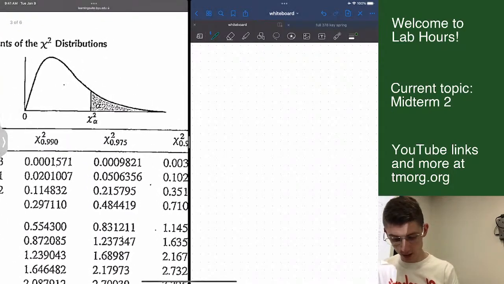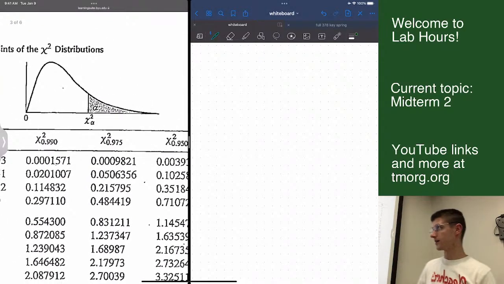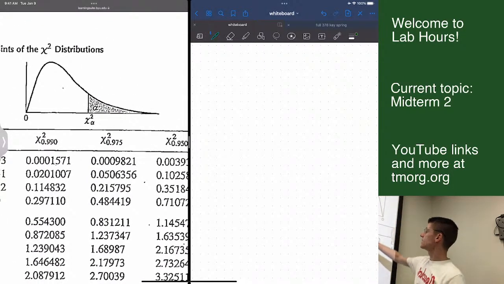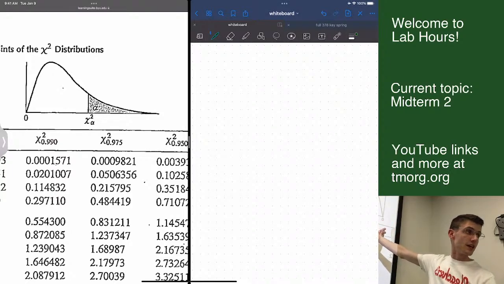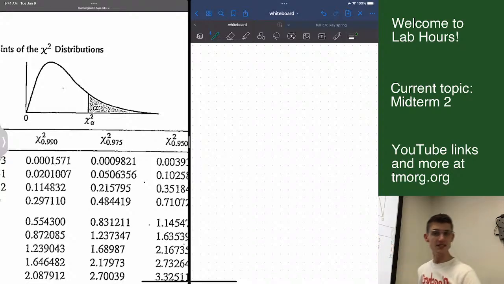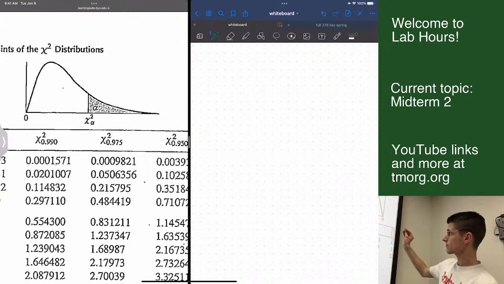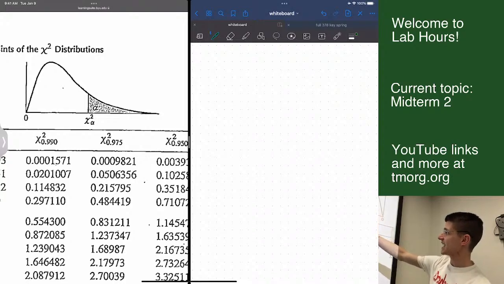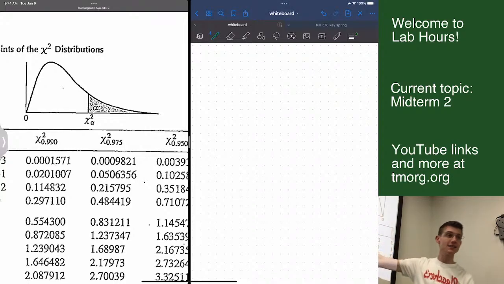So, chi-squared, you will notice the following. In this picture, first of all, this distribution is not centered at 0. That's a fun thing to notice. It is not symmetric by any means. Also notice that now the highlighted region of the graph is to the right of the chi-squared alpha critical value that we're going to pick.